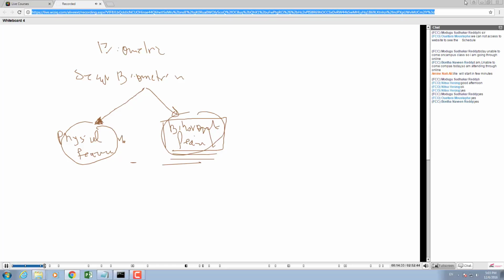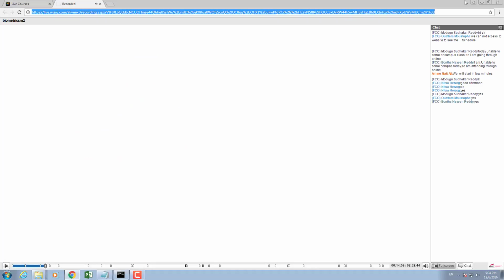So we have the physical features and behavioral features. Physical features is basically when you extract features from the face, from the hand, from the iris, from the ear, from the body. So you can use some sensors, some cameras, to capture physical data. And you have what we call behavioral features.